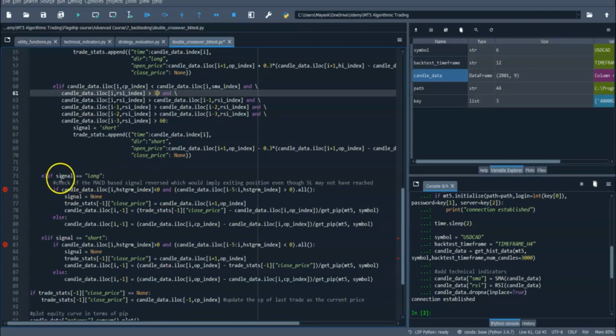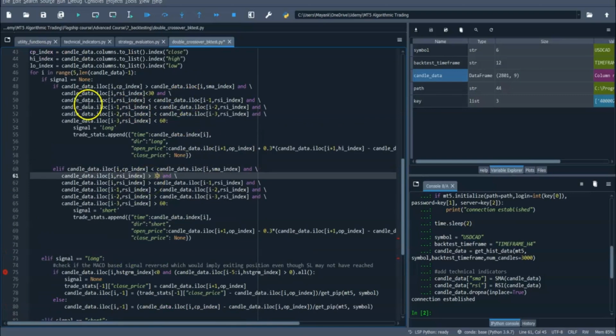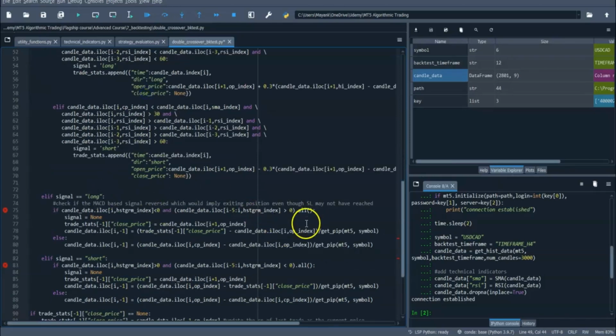Now, what do we need to do if the signal is long? Again, exit criteria is fairly straightforward. All that we have to do is check whether the current RSI is greater than 50. So let us do that. Okay, so check if the RSI based signal reversed.